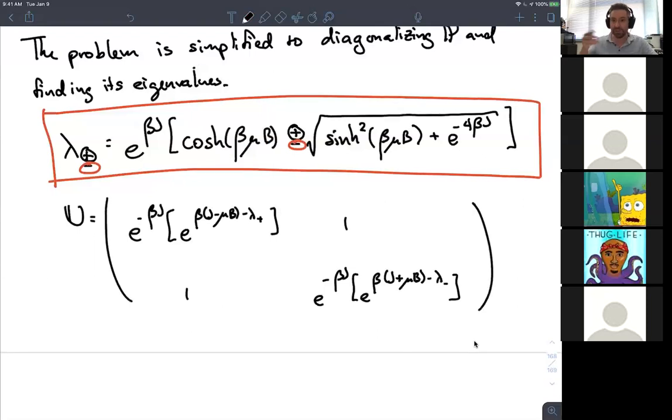So that's what U looks like. And again, if you've taken quantum mechanics, you know how to get this. All right, so this is the answer.